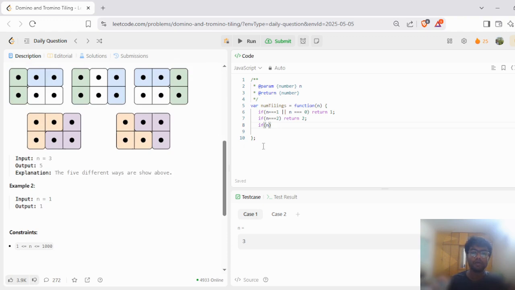Based on this example, we can also set n is equal to, and we can have a dp caching array.